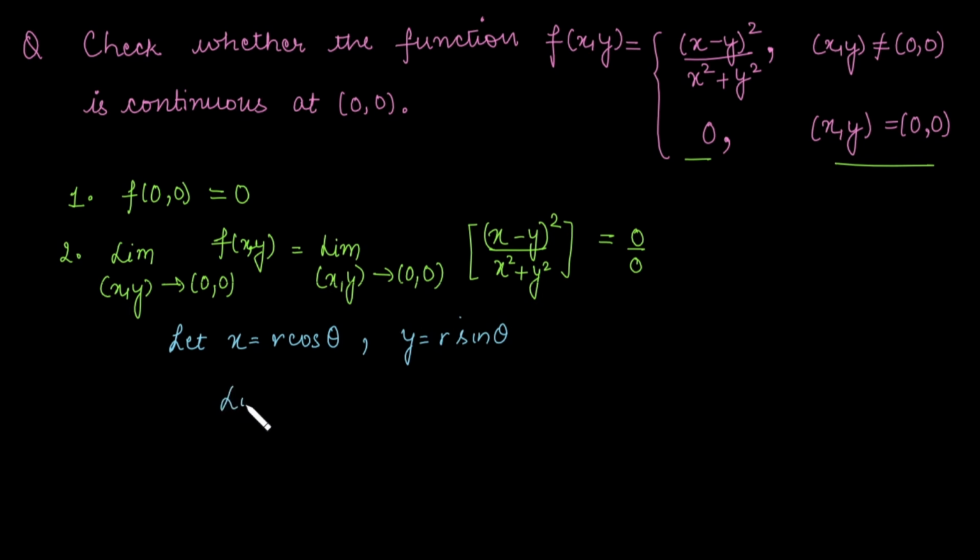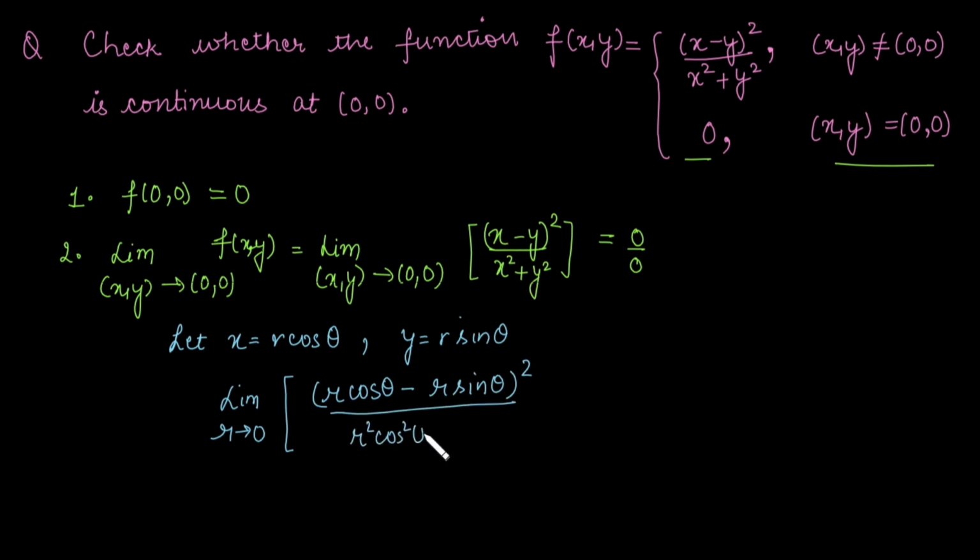And this limit is r approaches to 0, r cos theta minus r sin theta, its square, divided by x square, that is r square cos square theta, plus y square is r square sin square theta. This is equal to limit r approaches to 0.